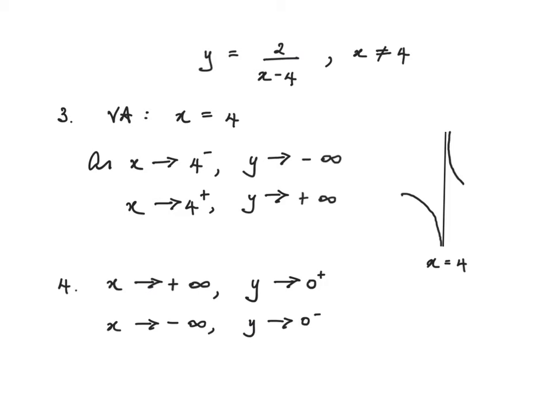Now we can show the horizontal asymptote at y equals 0. When x is large and positive, y tends to 0 from above. So we've got something like this here. When x is large and negative, the function tends to 0 from below.